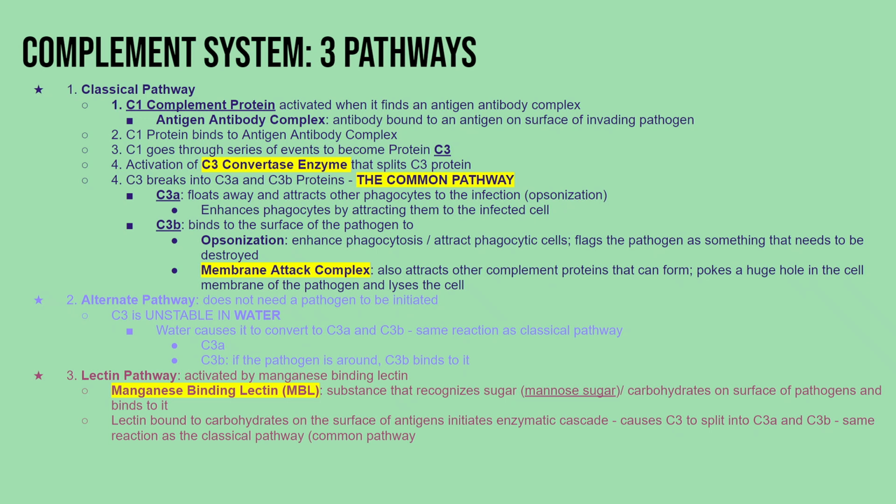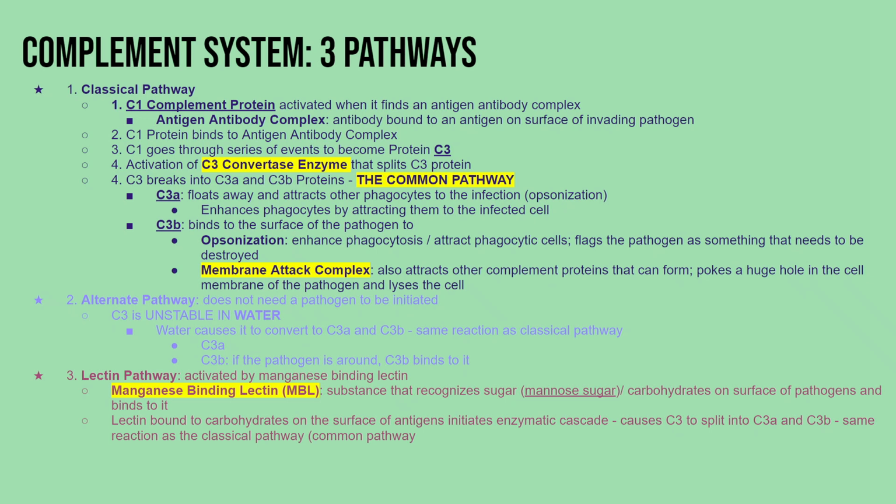And then the alternate pathway does not need a pathogen to be initiated. It's initiated by water that does the same thing. It converts C3 into C3a and C3b, and then if the pathogen is there, it will bind C3b and then form the membrane attack complex and kill the pathogen.